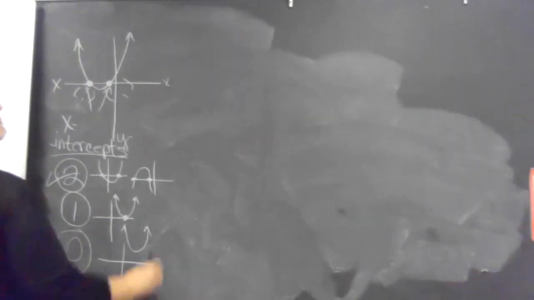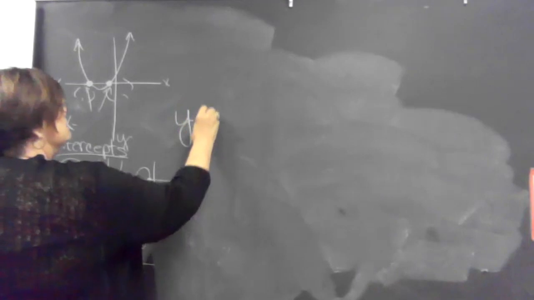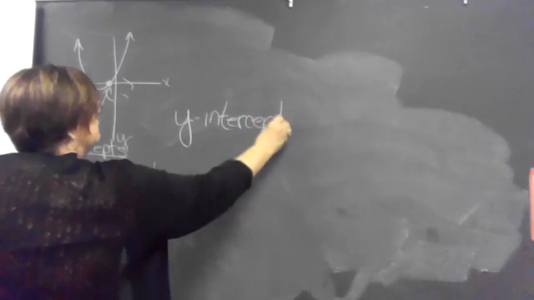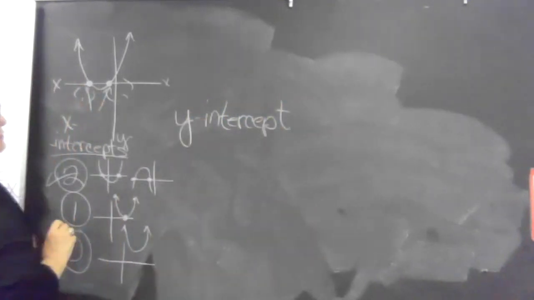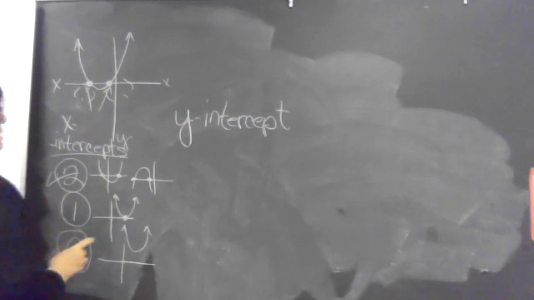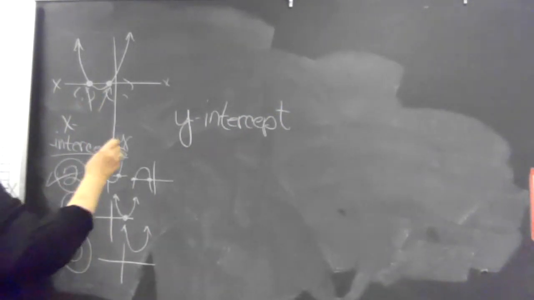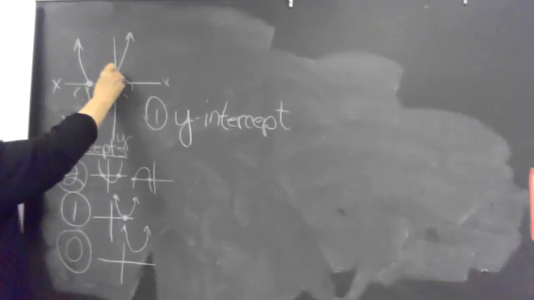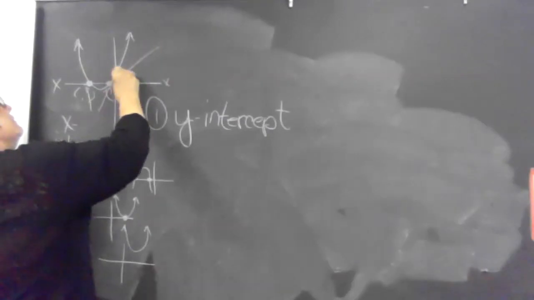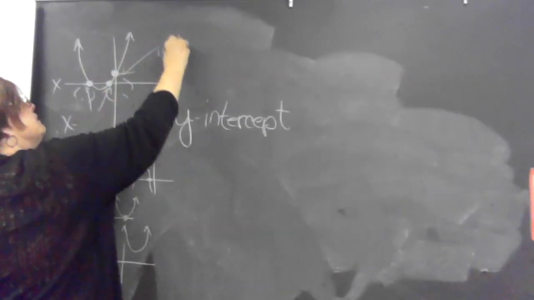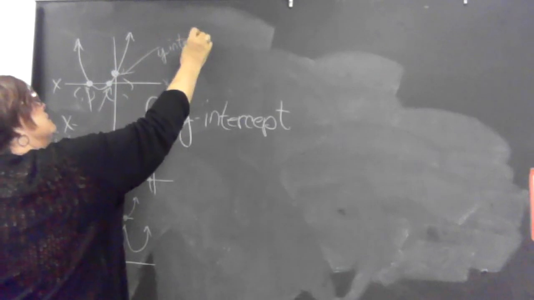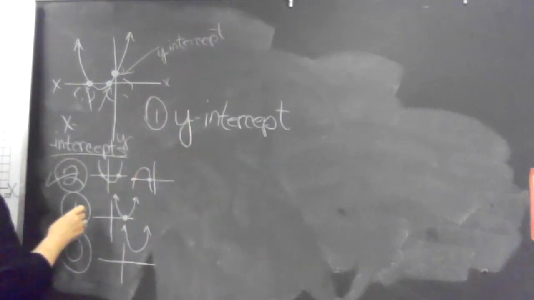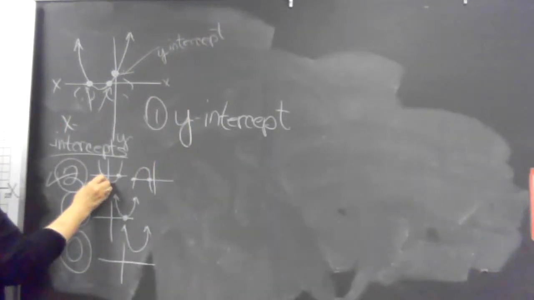Y-intercepts. Notice that I didn't put an S on y-intercept, because any parabola is just going to have one. And here it is for this one. There's the y-intercept. This y-intercept is right here.